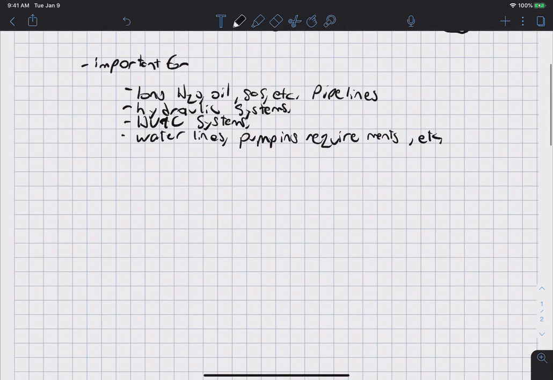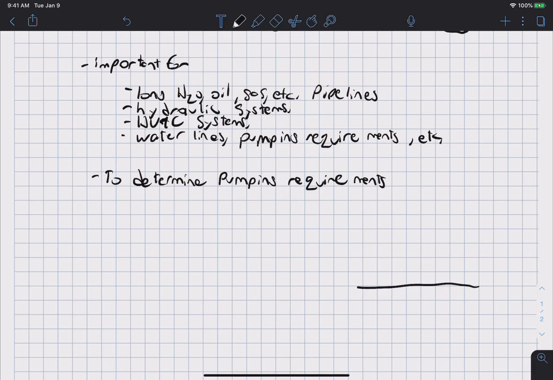Okay, so now if we want to determine the pumping requirement to move liquid down a pipe, that means a flow going down a pipe.